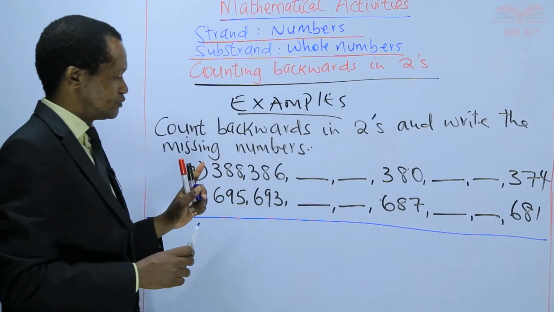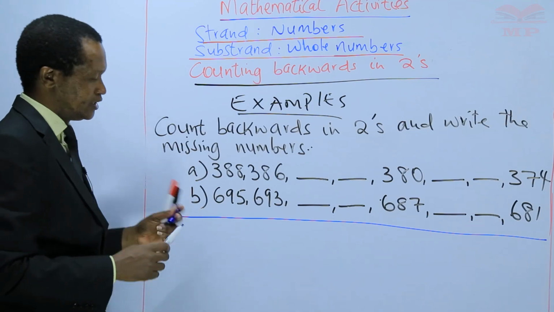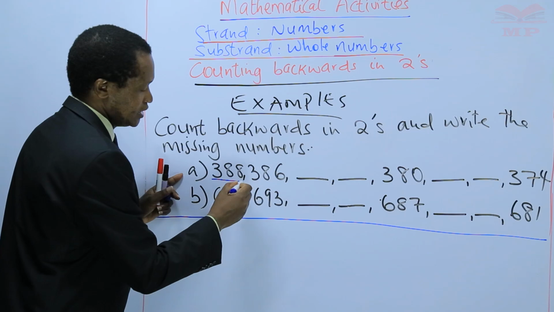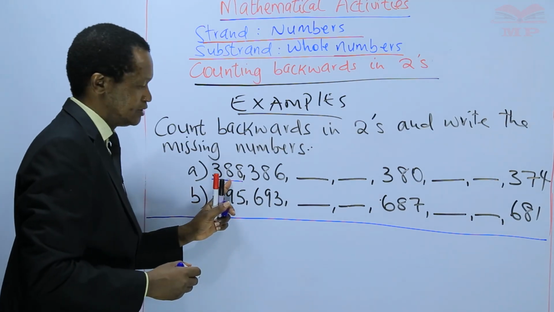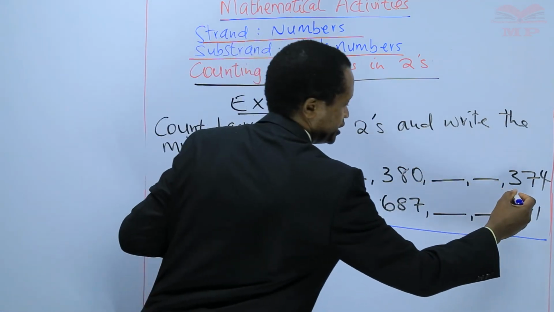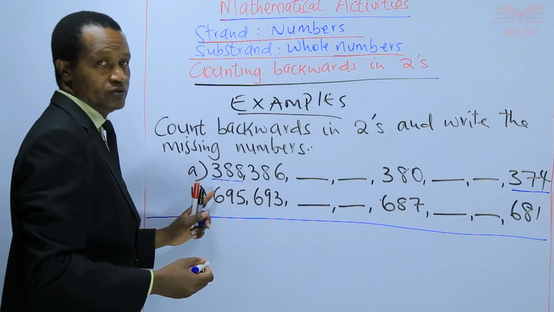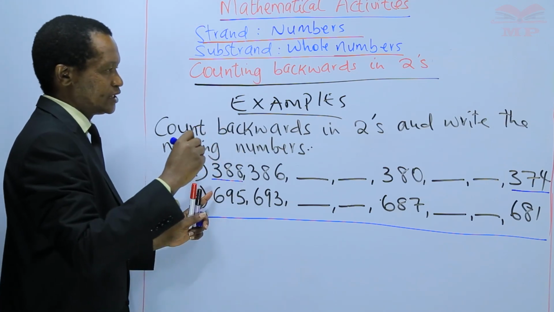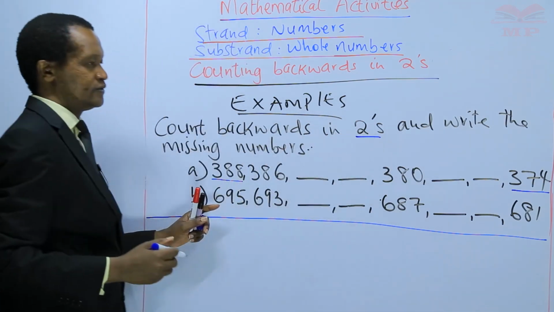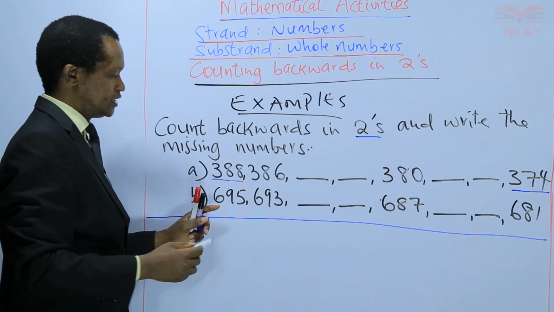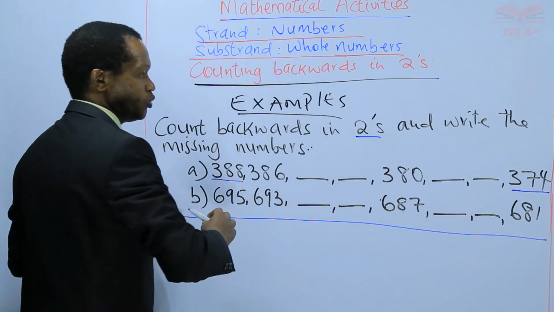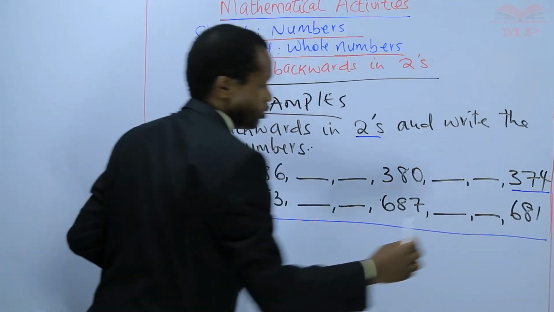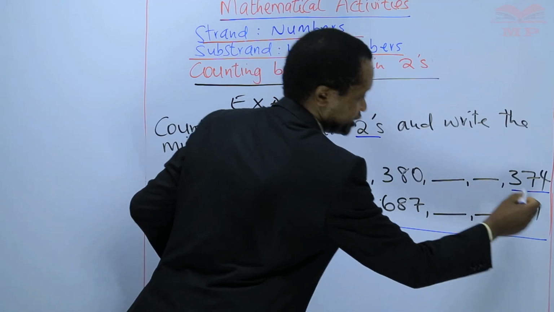Here we are counting backwards from 388 to 374 in twos. So I'm going to rewrite these numbers in ones, moving forward, starting from 374.